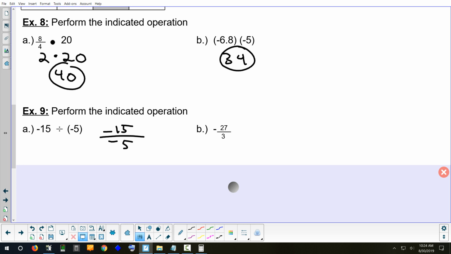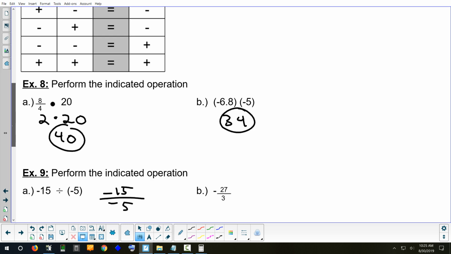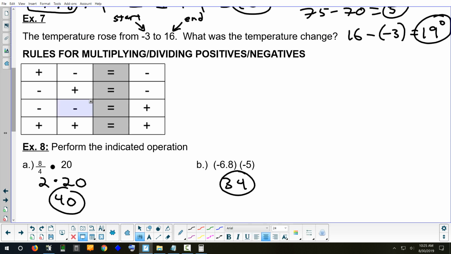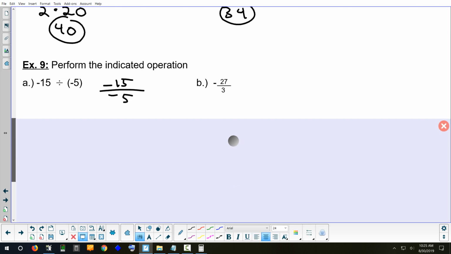There's no difference. Okay. Before you even tell me the answer, can anybody tell me just the sign? Positive or negative? Positive. Positive, why? Because a negative divided by a negative equals a positive. We just said it. Negative divided by a negative gives you a positive. So it's going to be a positive.